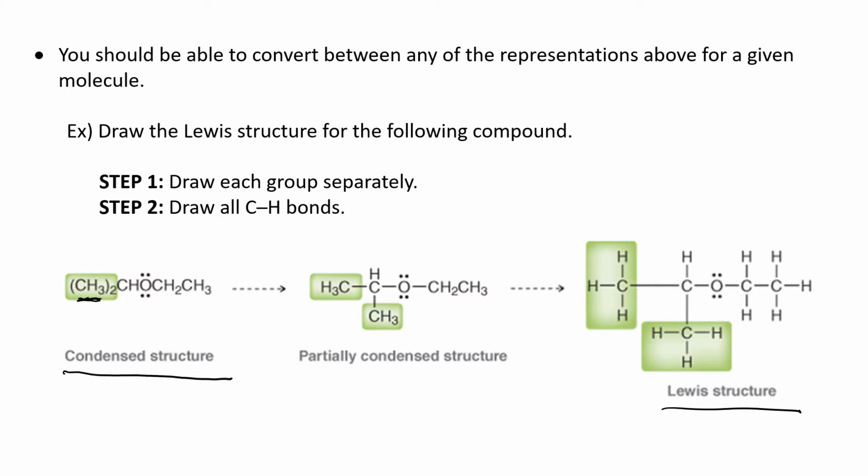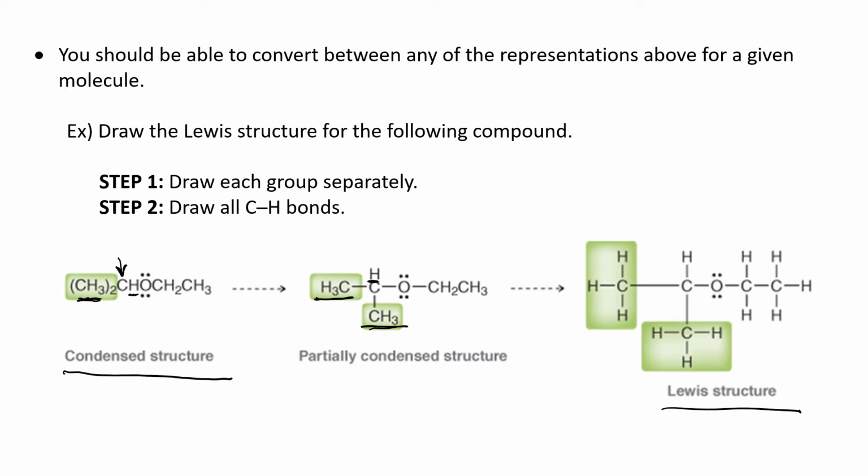The fact that they're in parentheses and that there's two of them indicates that this particular carbon atom has two CH3 groups. So all we're going to do is take them out of the parentheses and attach the CH3s to the carbon. That carbon also has a hydrogen.